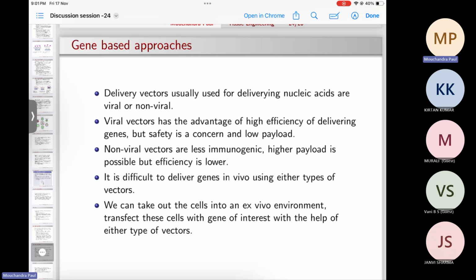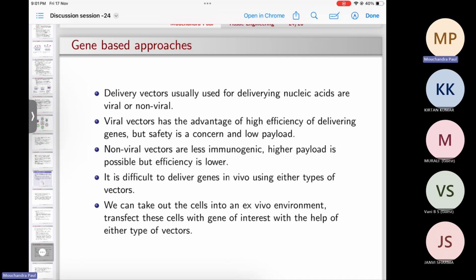The amount of gene that you can deliver using viral vectors is less, but the efficiency is very high. It means you will be able to deliver your gene at the target site highly efficiently, so most of the time your gene will be delivered at the intended site.